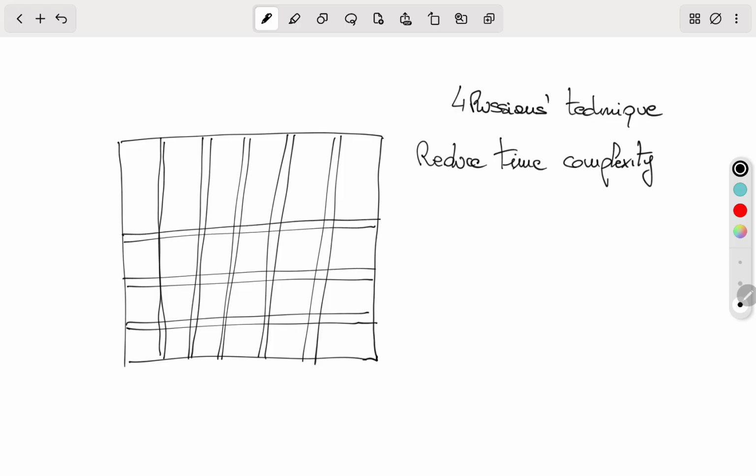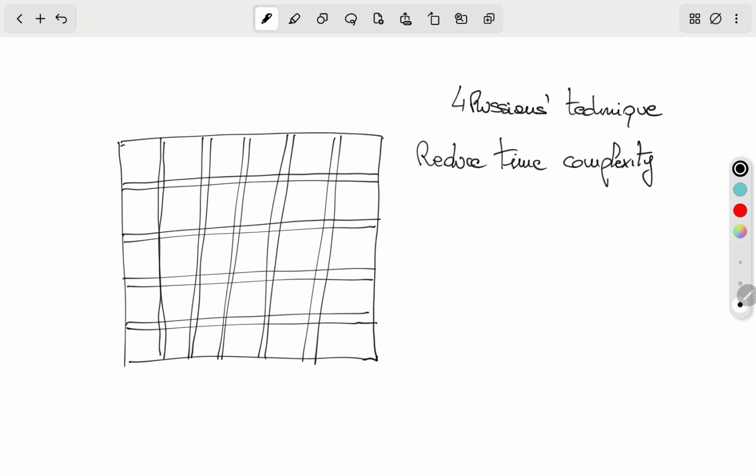And differently from what we usually do, these submatrices are not disjoint, but they are overlapping by one row or one column.